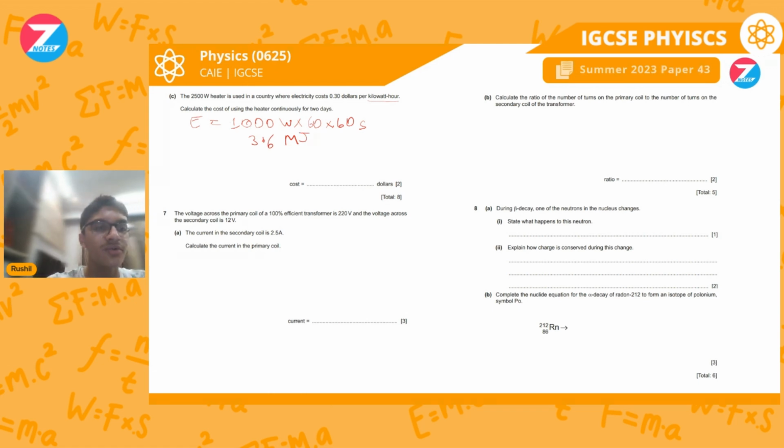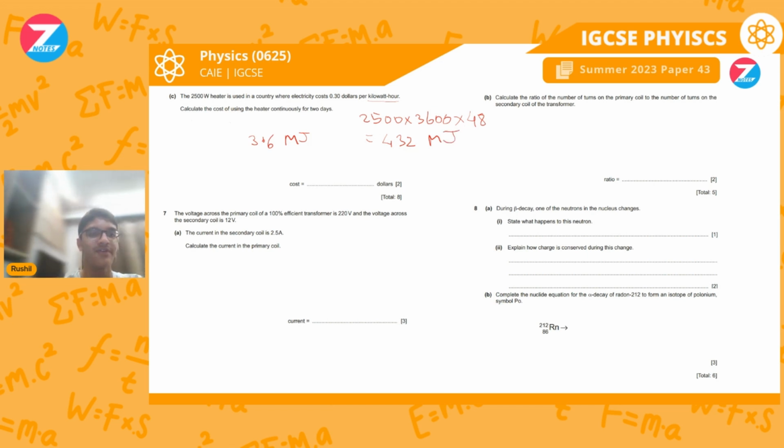So if a 2500 watt heater is used constantly for 2 days, the amount of energy used is 2500 × 3600 for 1 hour × 48 hours, because 2 days. So it's 2500 × 60 × 60 × 48, which is 432 megajoules.